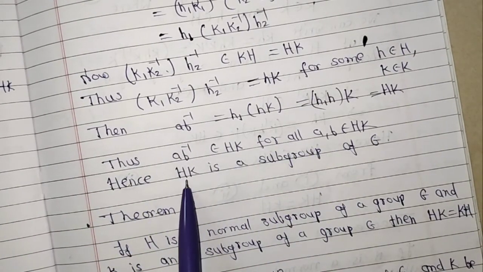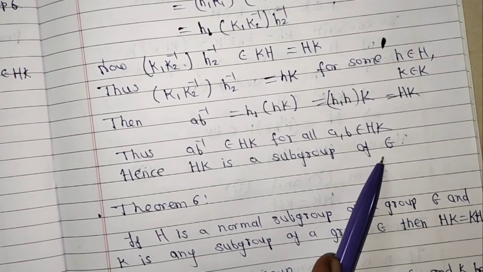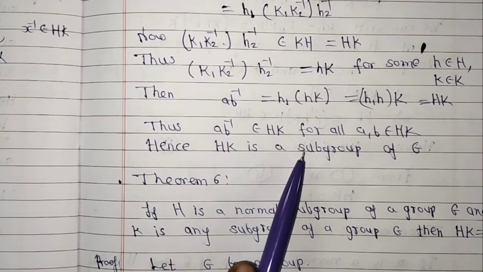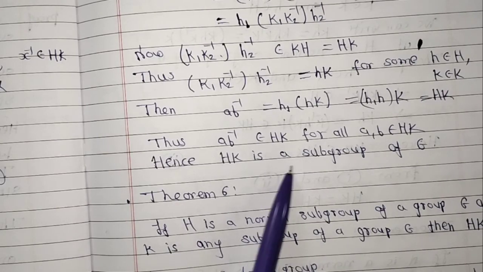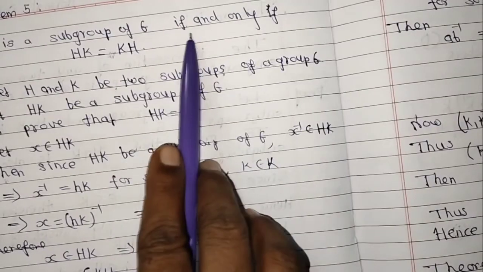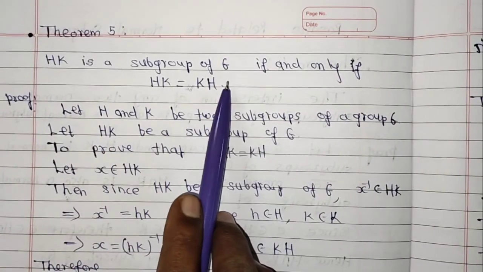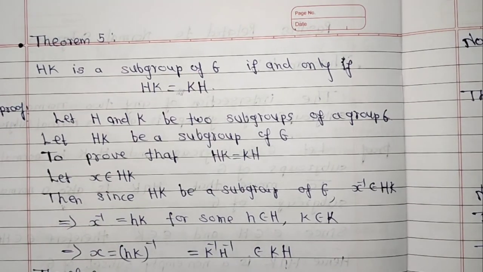Hence HK is a subgroup of G. Thus we have proved the theorem in both the parts, since there is an if and only if statement, that is HK is a subgroup of G if and only if HK equal to KH. Thank you.